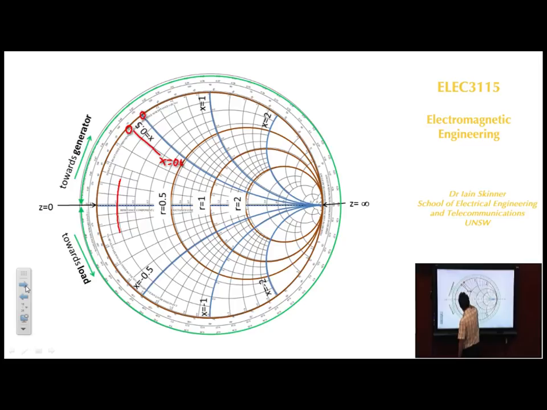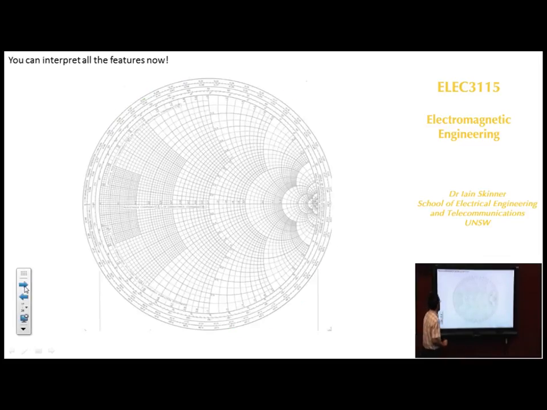This curve here is R equals 0.1. There's the 0.1. 3.0 here is telling me about this circle: R equals 3. All of those circles index something, so you can interpret all the features on the Smith chart: direction, what these numbers mean, and where the special values are.